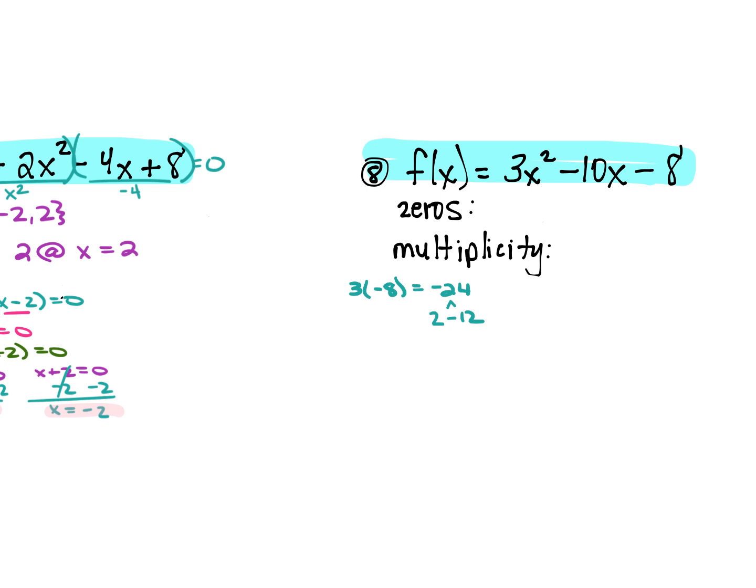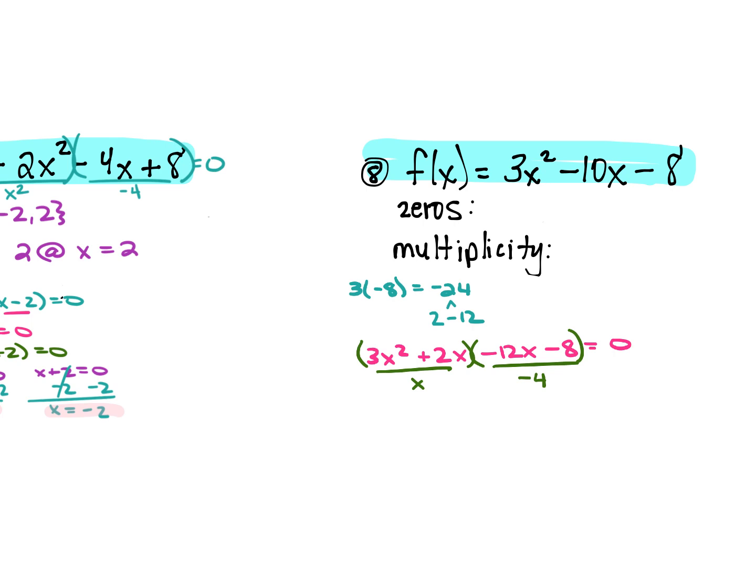So you're going to rewrite this as 3x squared plus 2x minus 12x minus 8 is equal to 0. And factor this by grouping. If you set the first two terms within parentheses and the last two in a set of parentheses, you are going to factor out an x from the 3x squared plus 2x and a negative 4 from the negative 12x minus 8.